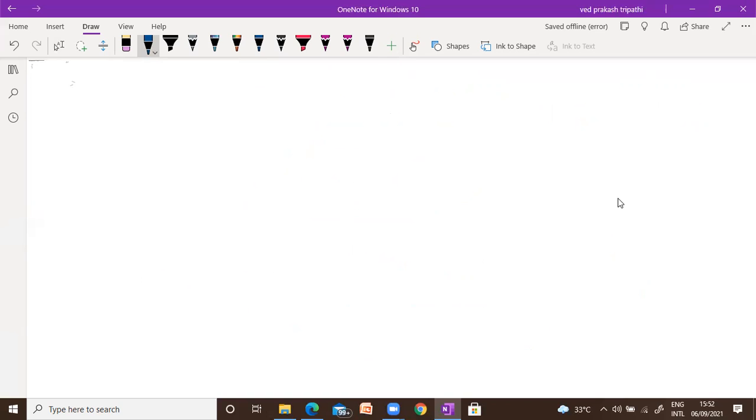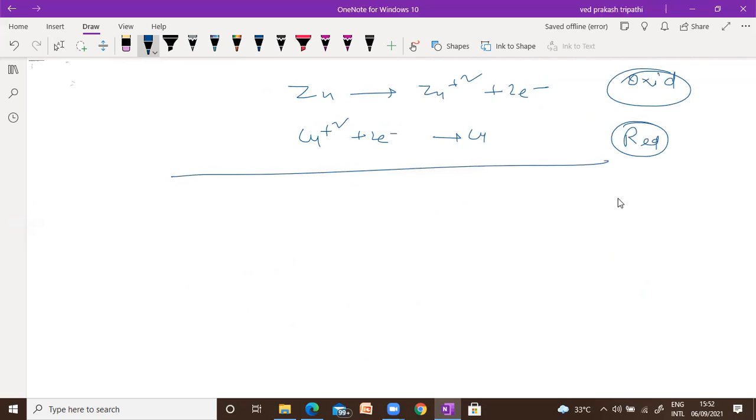And you know that this is our chemical reaction. Suppose this is zinc, zinc plus 2 electrons, copper plus 2 electrons converts into copper. This is oxidation of zinc and this is reduction of copper. So when you add these reactions, you can see 2 electrons will cancel out. So zinc, copper plus 2 convert into zinc plus 2 and copper.